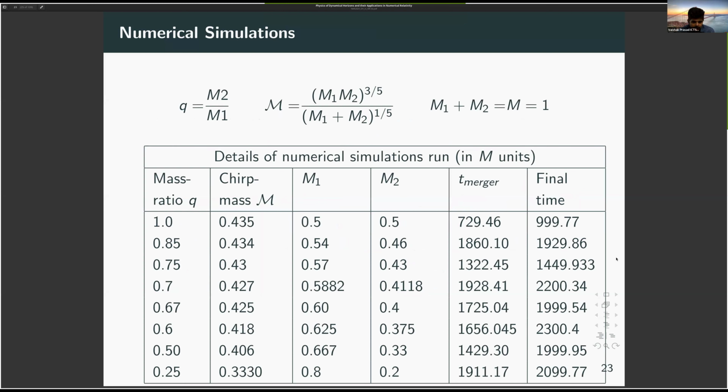How we would run numerical simulations is you would first choose parameters of initial data to start with. You need initial data to start evolution for any system. And the initial data would include, for example, the individual masses of the black holes and their momenta. There's a way to choose them using post-Newtonian theory. Once these are chosen, then the evolution system will take over.